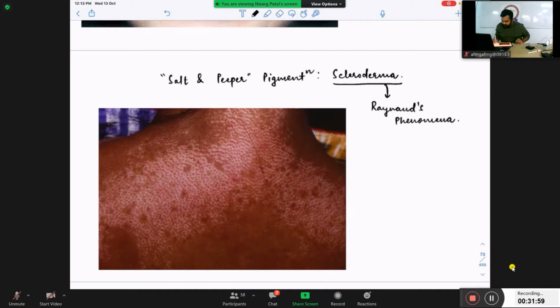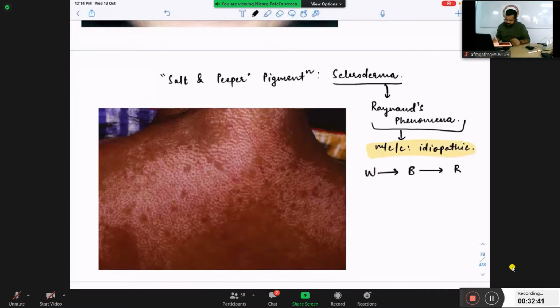What is the most common cause of Raynaud's phenomenon? Most common cause is idiopathic.